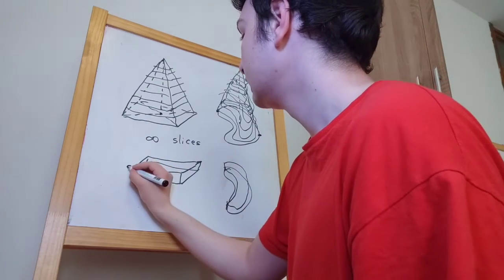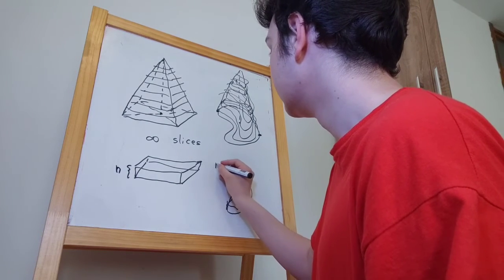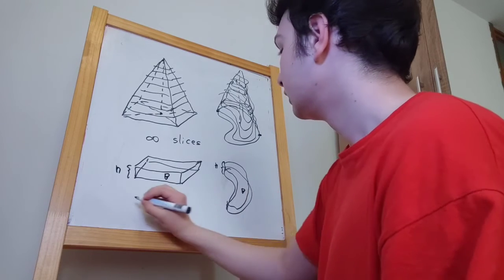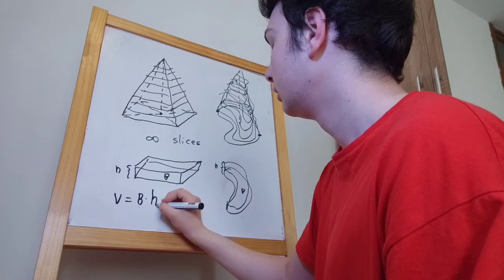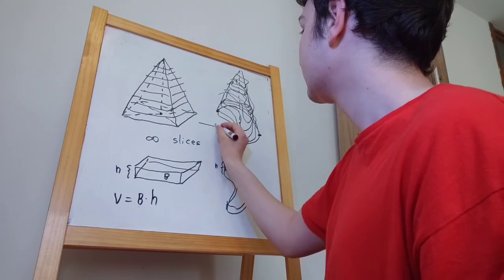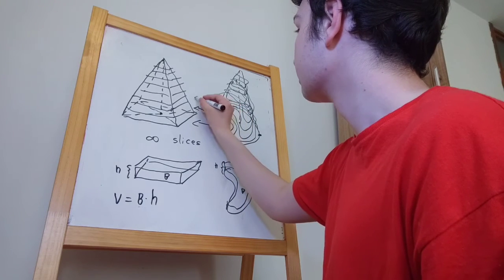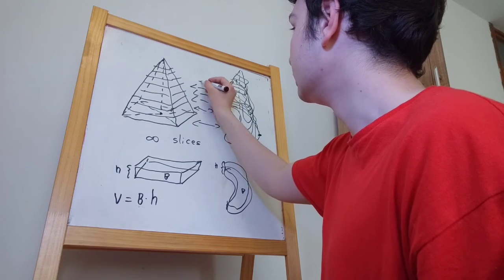And since the height is the same, the base area is the same, and the volume is always base times height, really each corresponding slice is equal in both the pyramids.